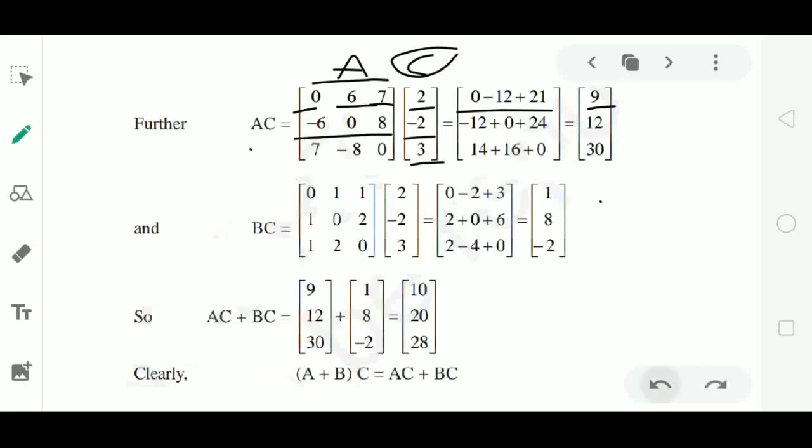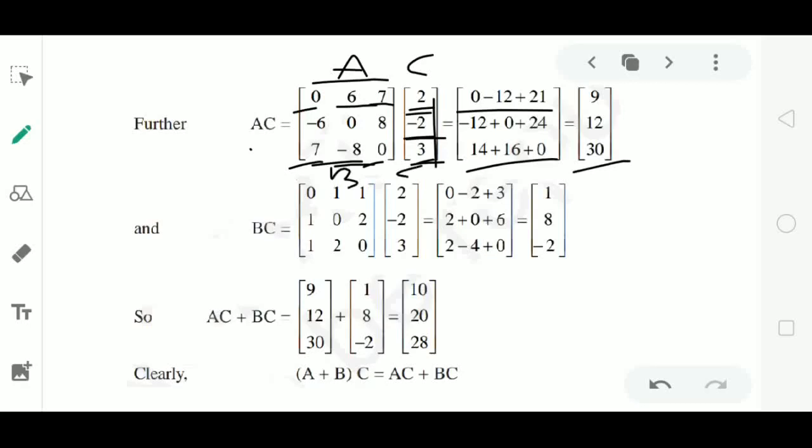Next, the third row of A with the column of C: 7 into 2 plus minus 8 into minus 2 plus 0 into 3, which is equal to 30. This is matrix AC. Next BC.